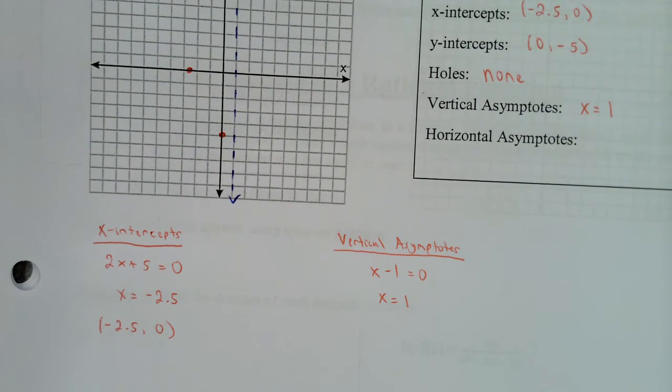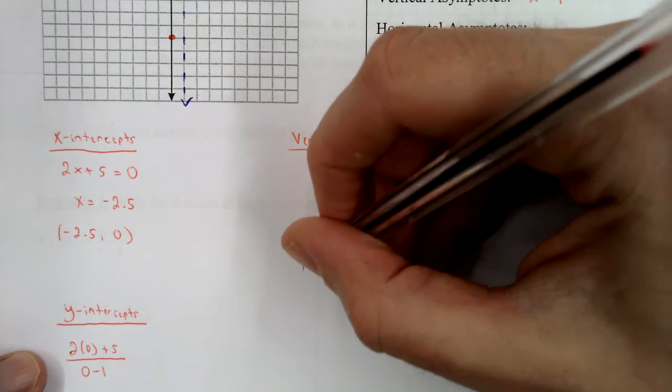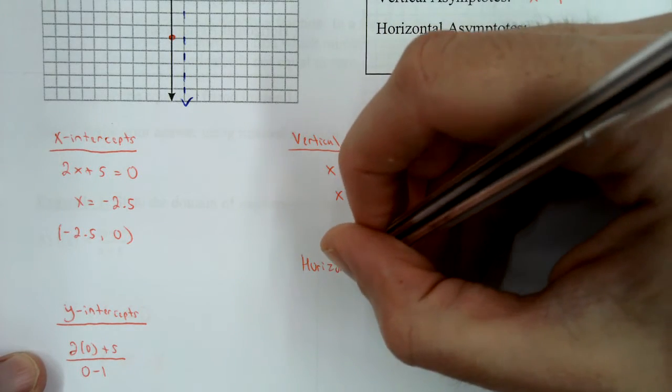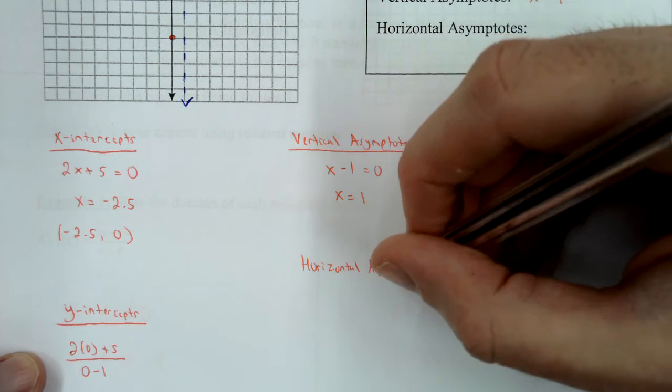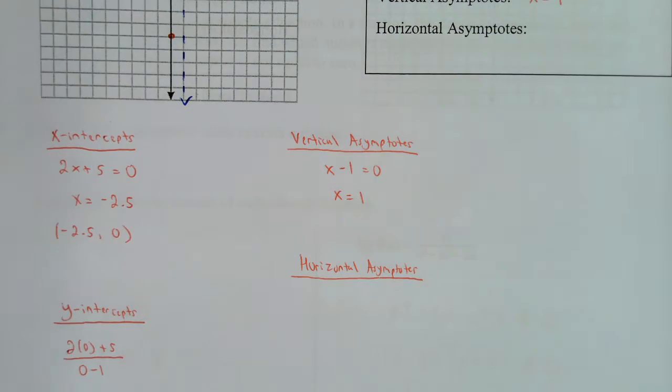Now let's do the horizontal asymptote. That was the page right before this. The degree of the numerator equals 1, and the degree of the denominator equals 1.